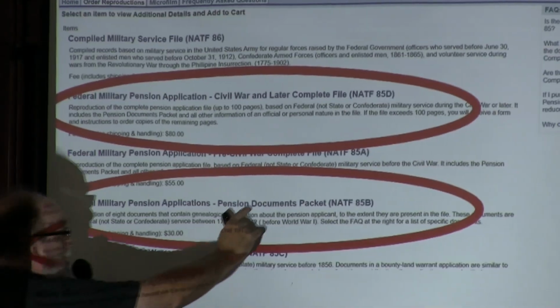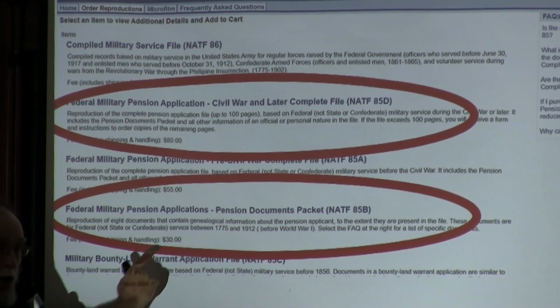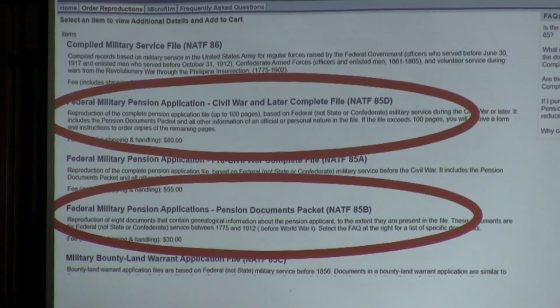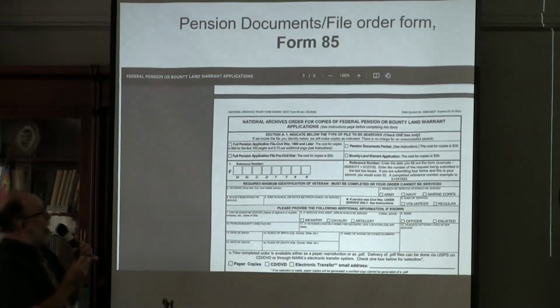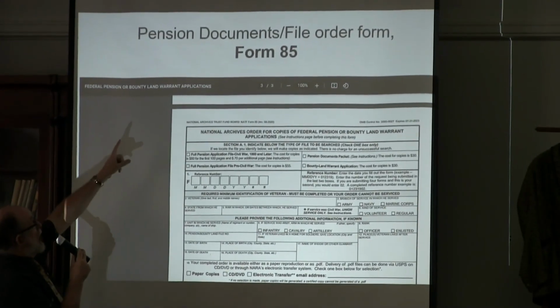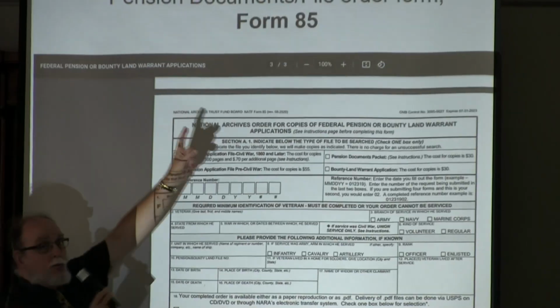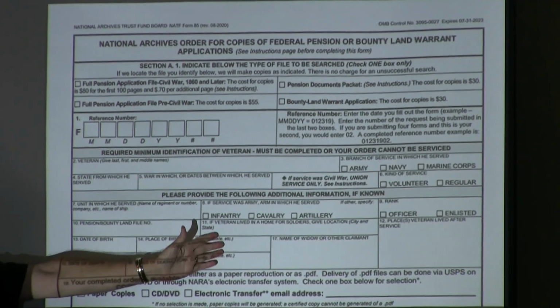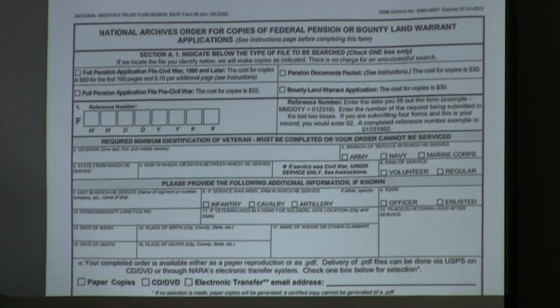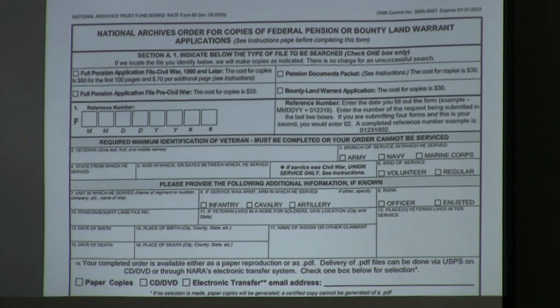Down here, federal military pension applications, the pension documents packet, the smaller 8-page version, is $30. You could also, on Form 85, download it and print it off, and it would look like this. I believe I mentioned that in the handout.